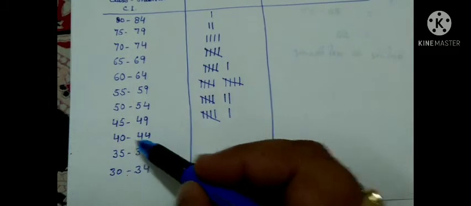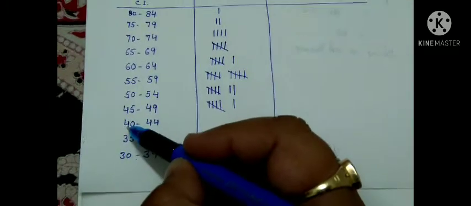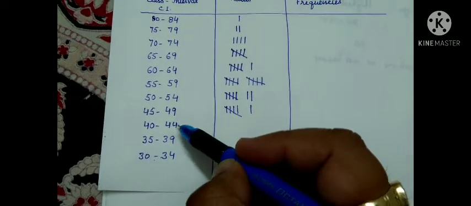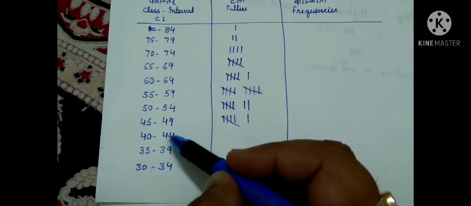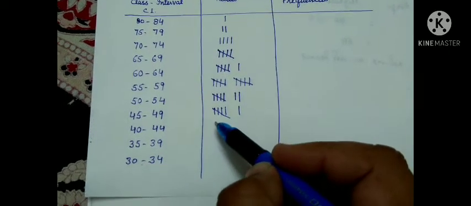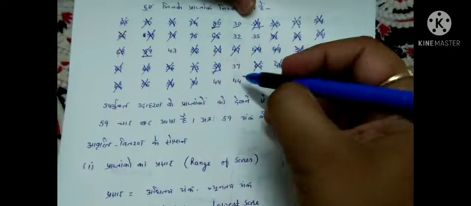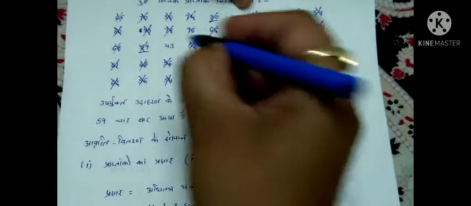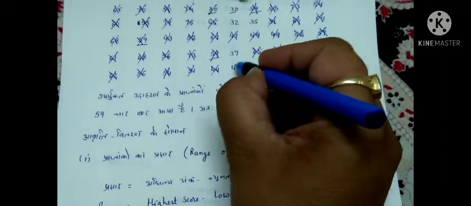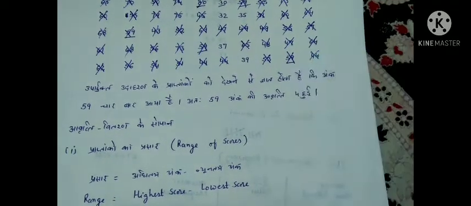Then come to the class interval 40 to 44. मतलब वो बच्चे जिन्होंने 40 या 40 से ज्यादा लेकिन 44 या 44 से कम अंक प्राप्त किए हैं, उन बच्चों की संख्या को हम यहां पर टैली चिन्ह के माध्यम से रखेंगे. 1 2 3 4.